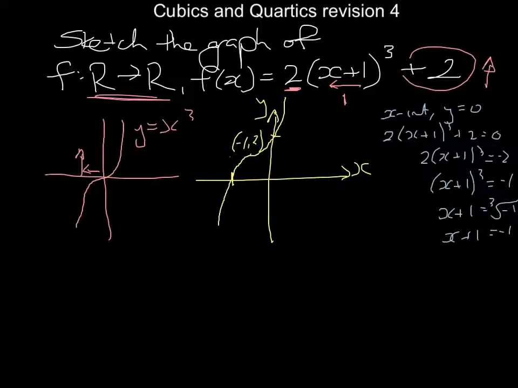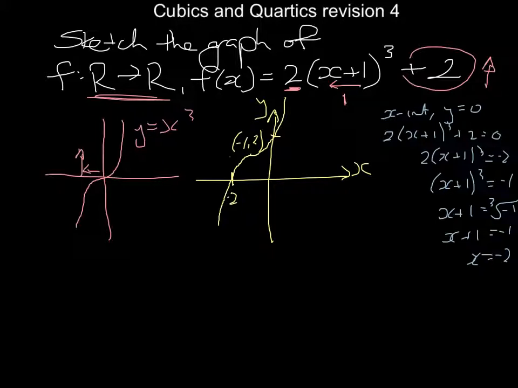Then we take away 1 from both sides, which will give us x is equal to -2.